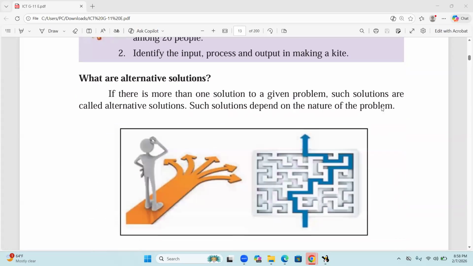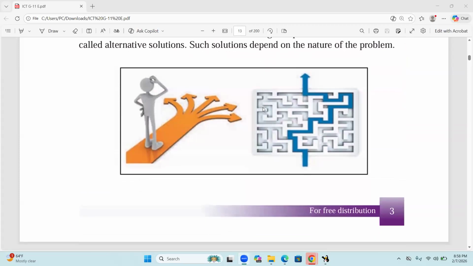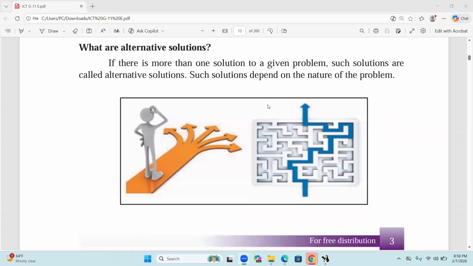Now we'll move to the next topic, alternative solutions. So what do you mean by alternative solutions? Give me an example for alternative solution.